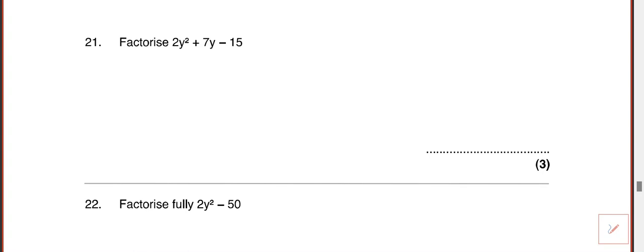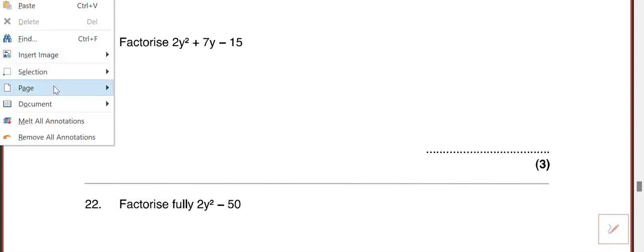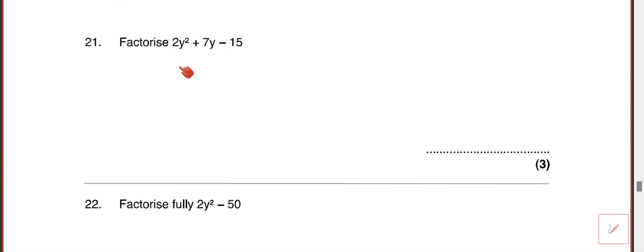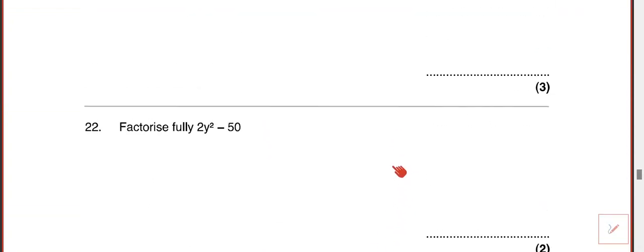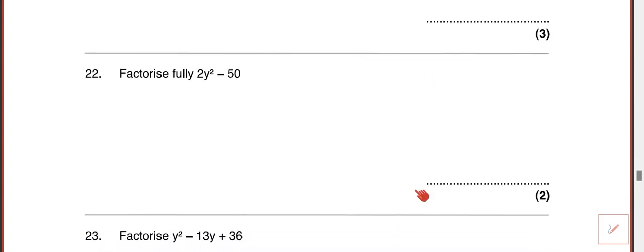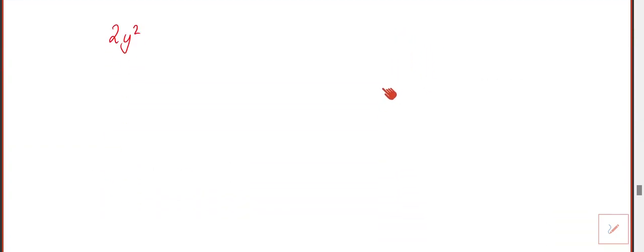I'm going to give myself a bit more space. So what is it? 2y squared, remember it was 7y plus. So we've got this back right.